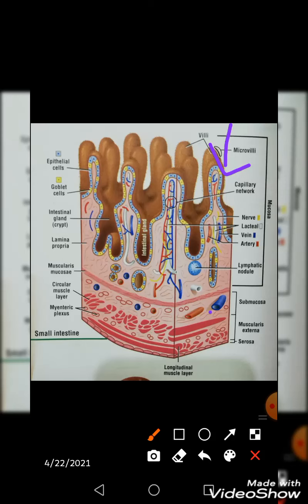After that, we will discuss the submucosa. This submucosa shows loosely arranged connective tissue features, and it may show blood vessels, lymphatics, and the submucosal or Meissner's nerve plexus.